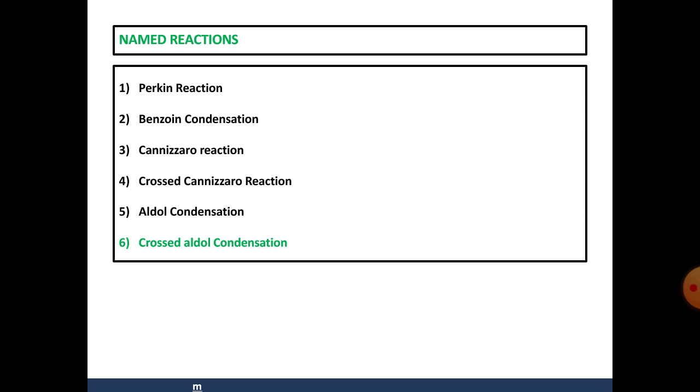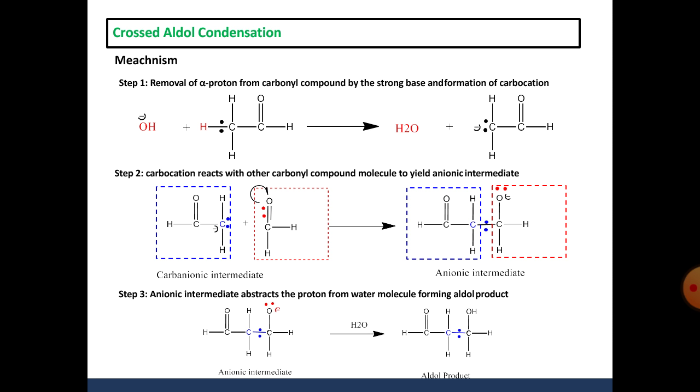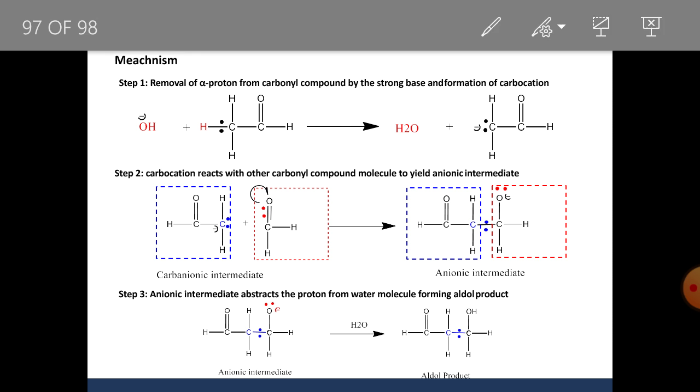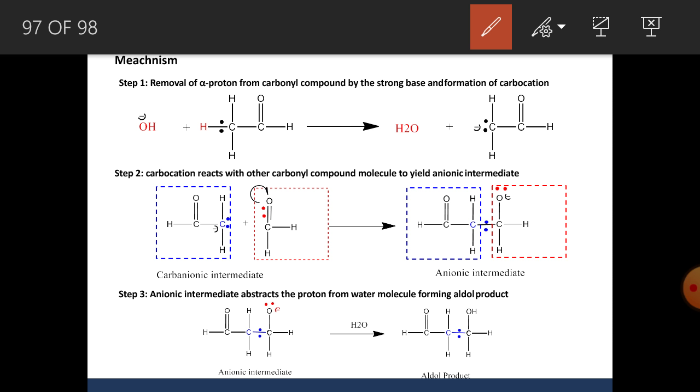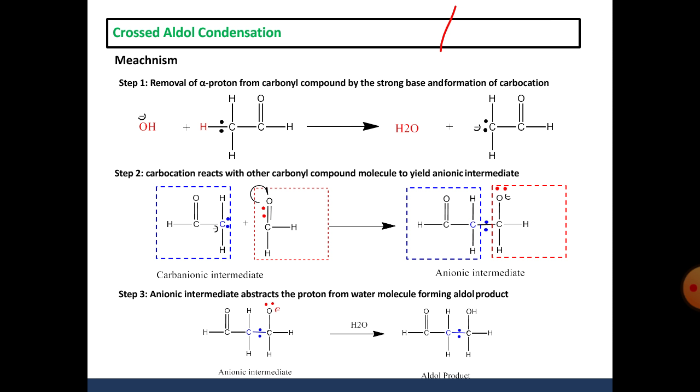Now the last reaction, crossed aldol condensation. Like crossed Cannizzaro, in crossed aldol condensation we are using two different molecules of aldehyde or ketone. So here we have taken formaldehyde and acetaldehyde, because we are using two different molecules. So again the mechanism is the same.